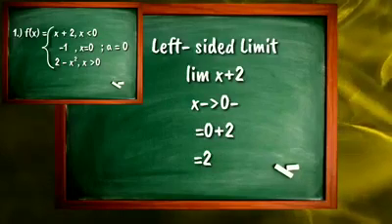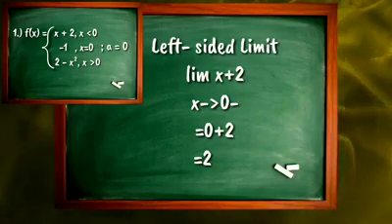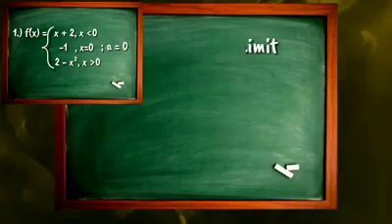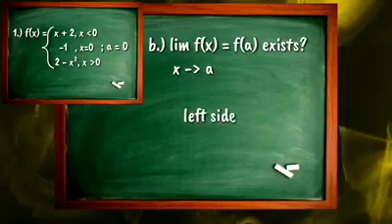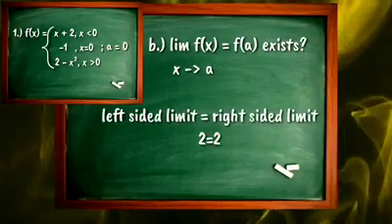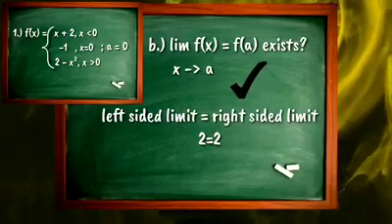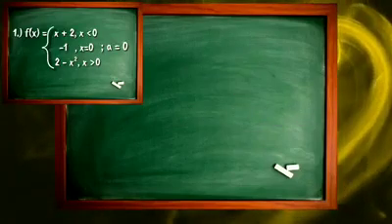Limit of x plus 2 as x approaches 0 from the left. Again, just substitute the value of a into the equation, which is 0 plus 2, so the answer is also 2. So the left-sided limit is equal to the right-sided limit, or 2 is equal to 2, which means that it satisfies the second condition.